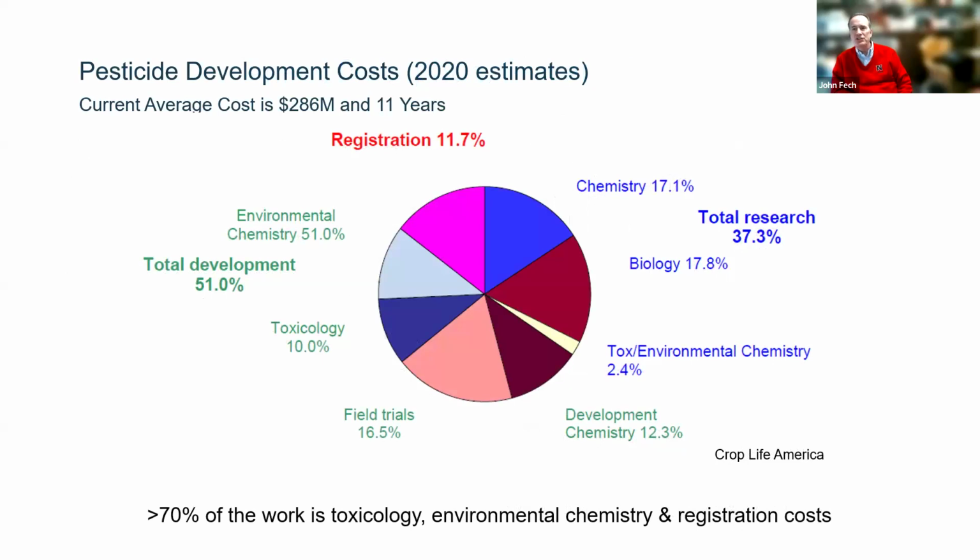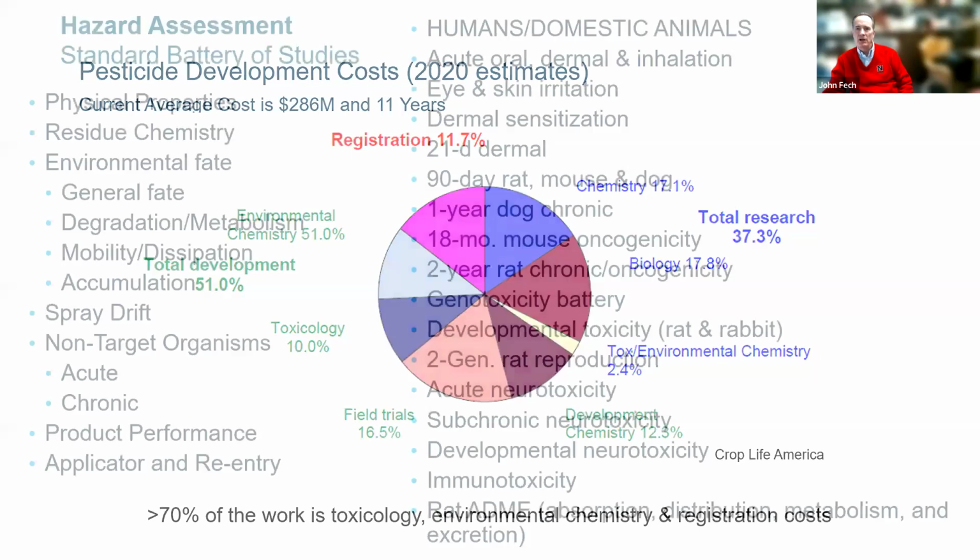It's helpful to know just how well tested these different products are. On average, to bring one product to market, it takes 11 years and $286 million because of all the testing that is required. Here you can see a full circle of all the different types of tests that are done by the Environmental Protection Agency in order to bring a product to market, so that they can document the actual risk that might be exposed to the environment.